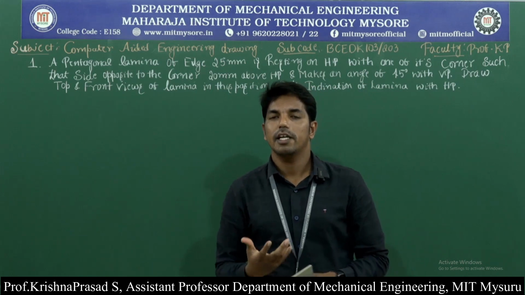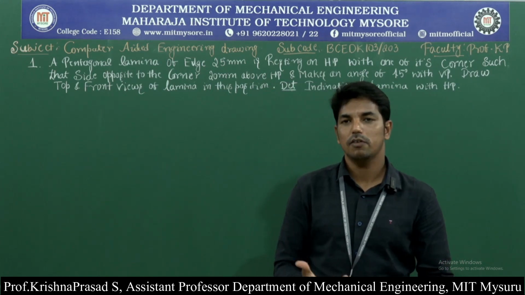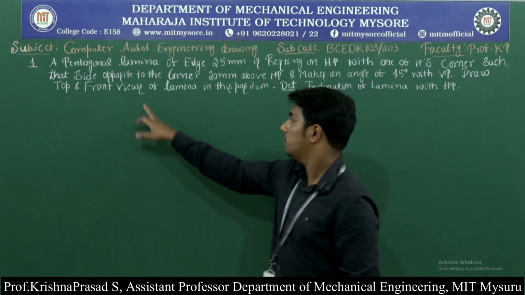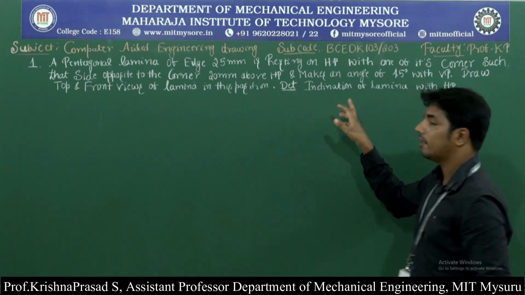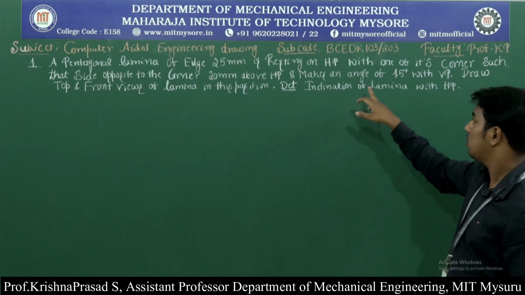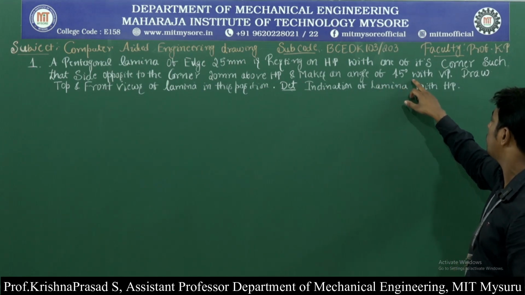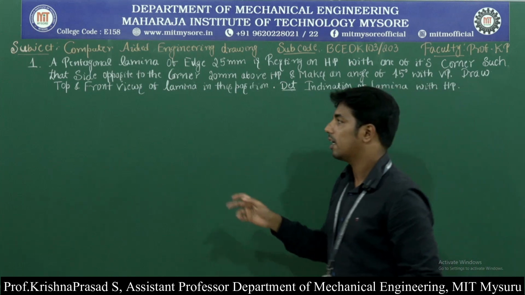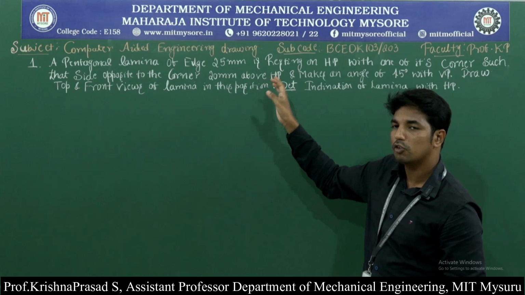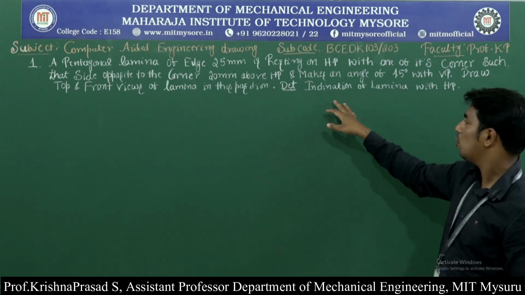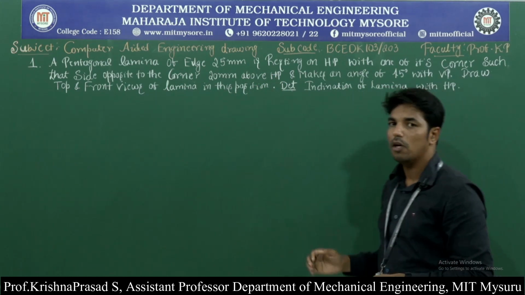That means the inclination with respect to HP is not given; instead they say the side opposite to the corner is 20 mm above HP, and the side resting on it should be inclined at 45 degrees to VP. Then they ask us to draw the top view and the front view of the pentagonal lamina for this condition, and also to determine the inclination with respect to HP.